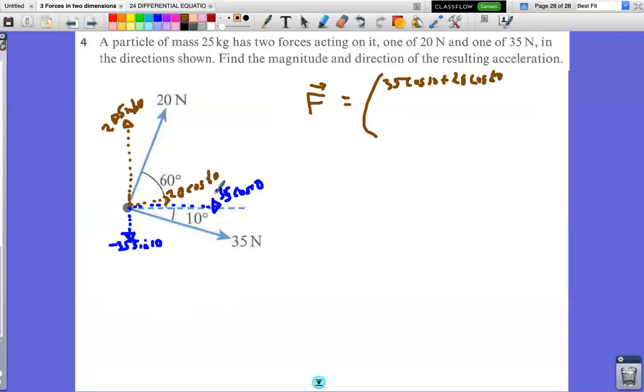And in the y direction, you will have 20 sine 60 minus 35 sine 10. You calculate this, and then you find the magnitude, right?